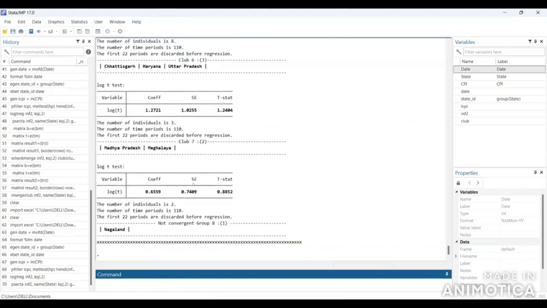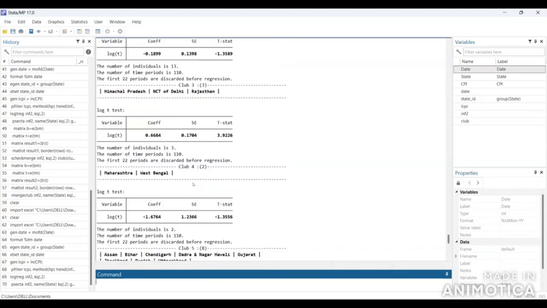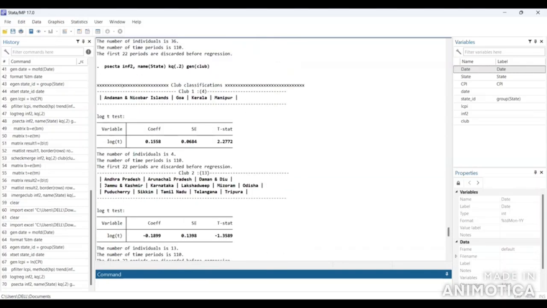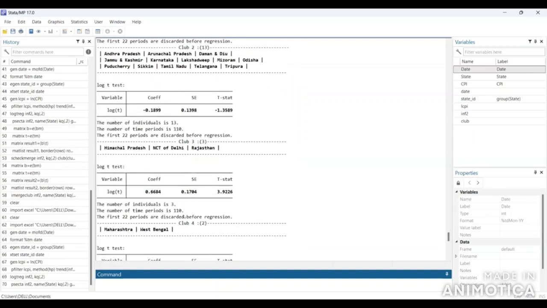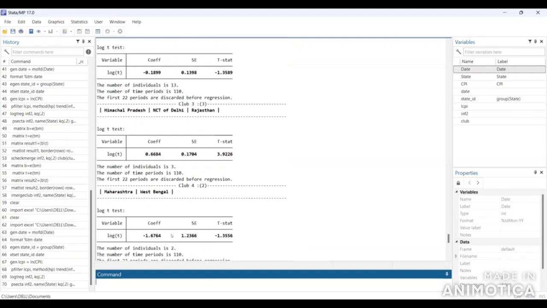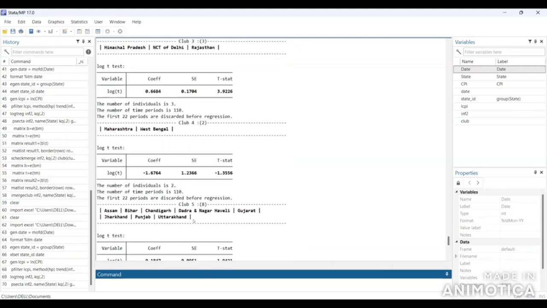Now you'll see here, once I run this command, how many clubs am I getting? I am getting 1, 2, 3, 4, 5 clubs.